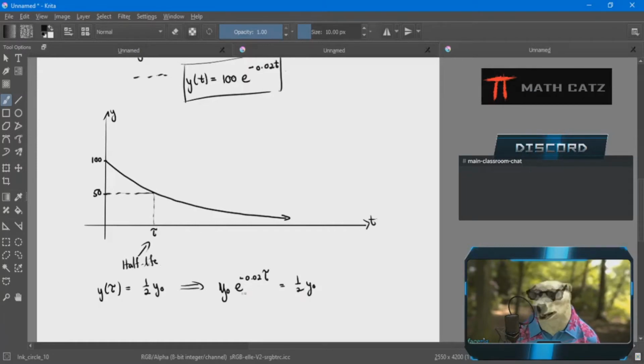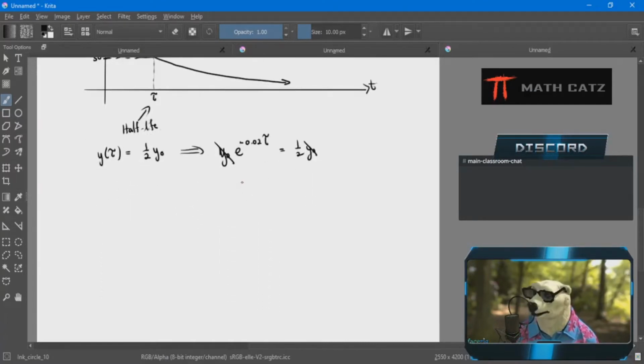I wanted to show a y0 because you can divide on both sides by y0, and it doesn't matter if I started with 100 or 1,000 or very little. It's completely independent. So I now solve for tau, and I get negative 0.02 tau equals natural log of a half.